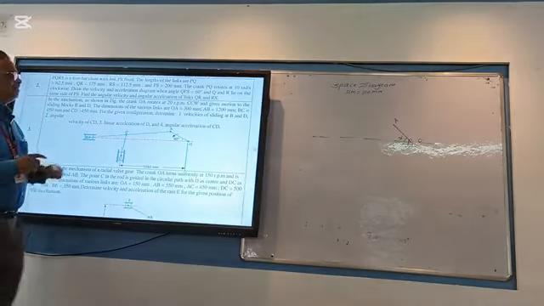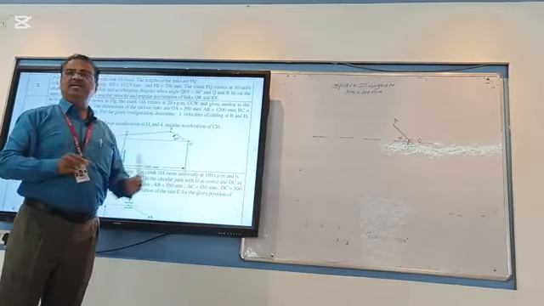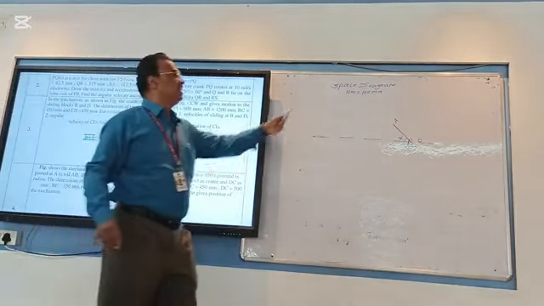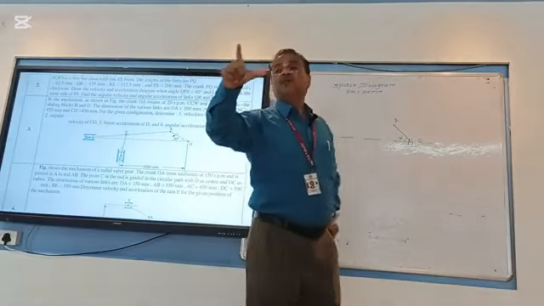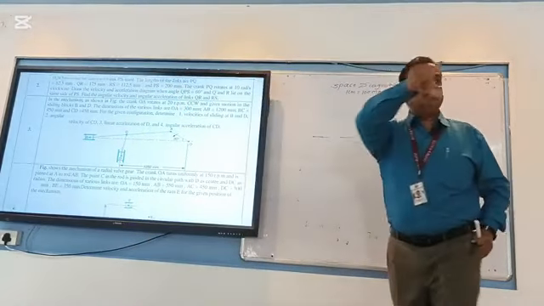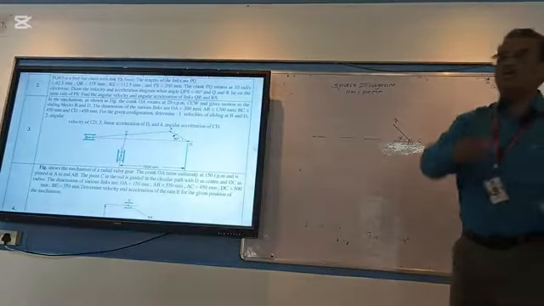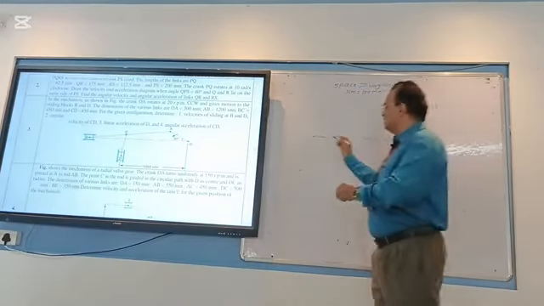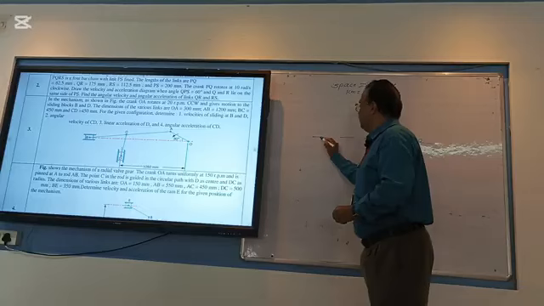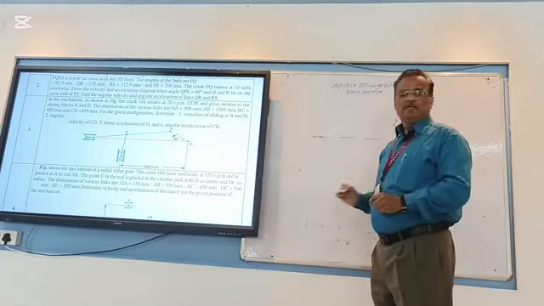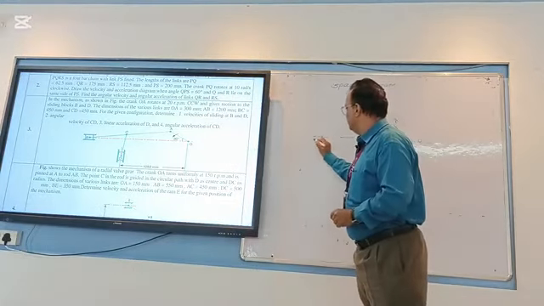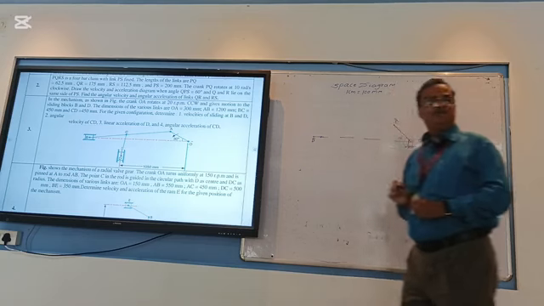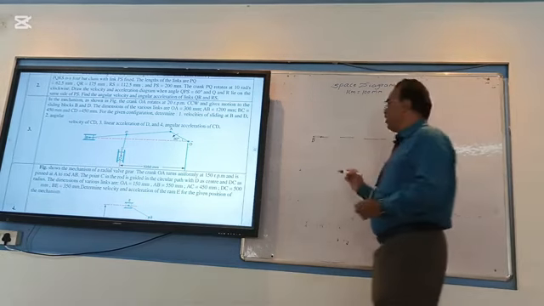Next, AB. How much is AB? 1200. 1200 as per the scale, how much will it be? 12 centimeter. Take the 12 centimeter distance in your compass, keep the compass at A and cut this horizontal line. It will cut here. So that point will be the B point. I got the B point.